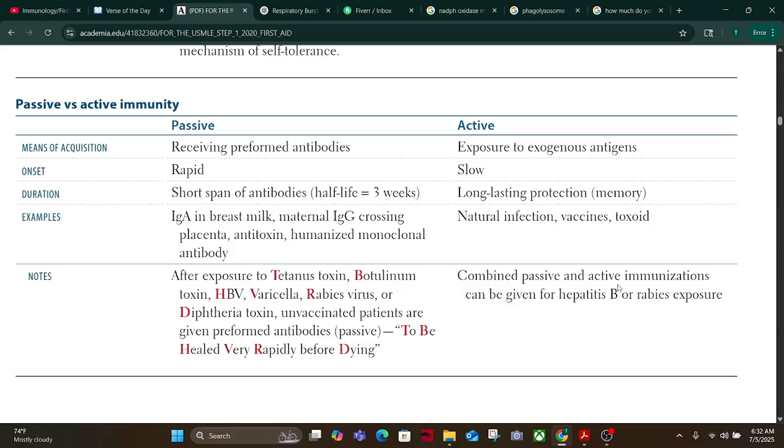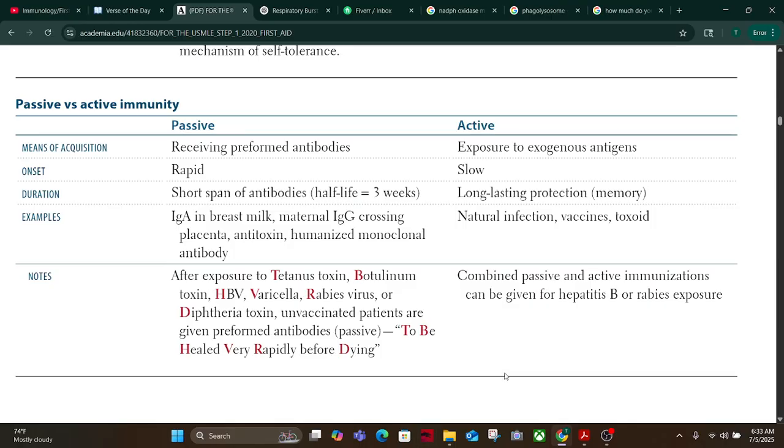You must have vaccination for that. And the vaccination that's given is combined passive and active immunization. And for the rabies vaccine, you only give killed rabies vaccine in the injection.